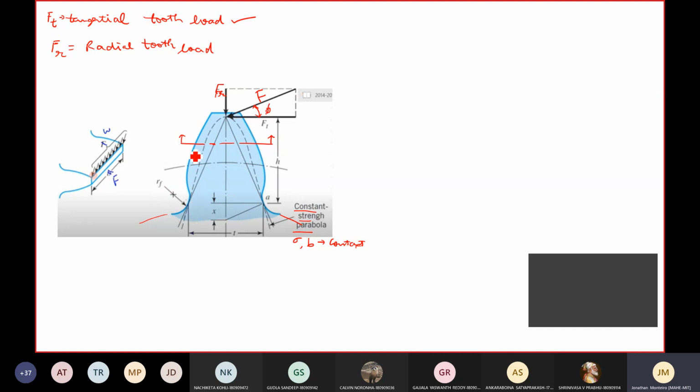Let the cutout be here as point A and here as point B.